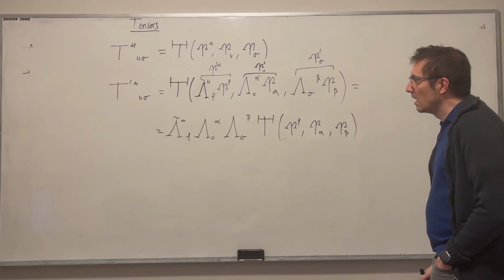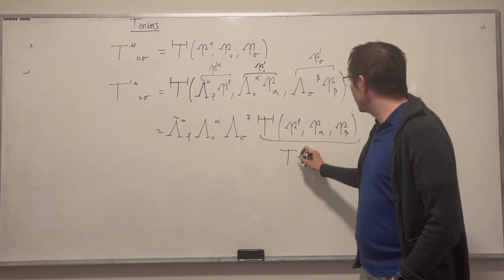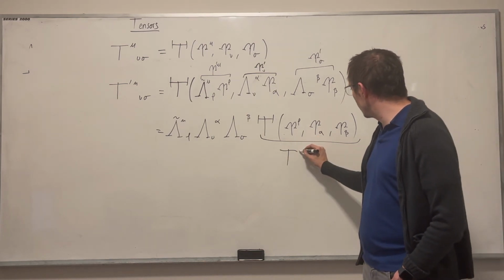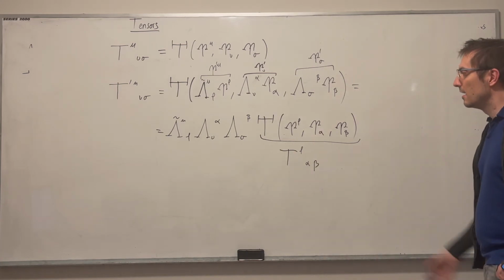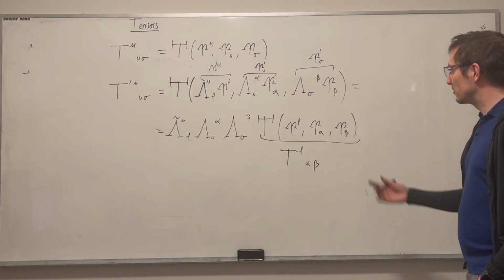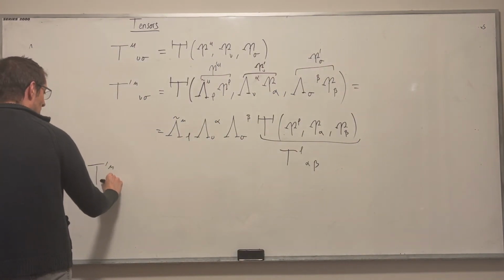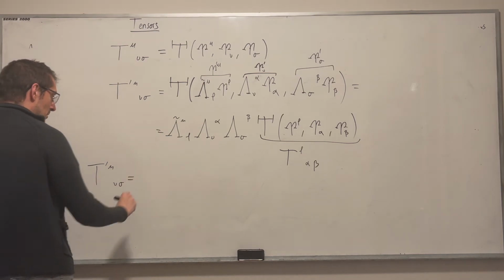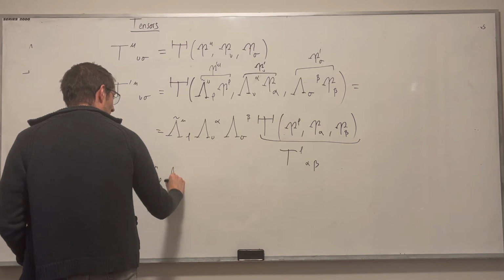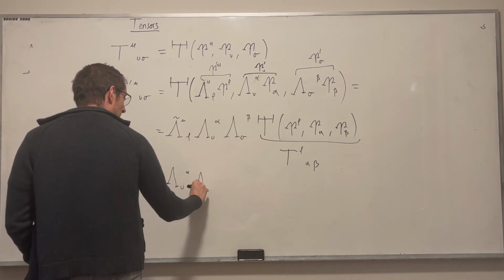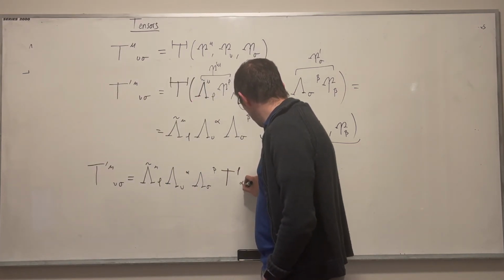All right, but what is this thing? Well, this thing is nothing but the coordinates of the tensor in the unprimed basis, the components T rho alpha beta. All right, well, I got the transformation rule. The left hand side was T prime mu nu sigma, it's equal to lambda tilde mu rho lambda nu alpha lambda sigma beta, and then T rho alpha beta.